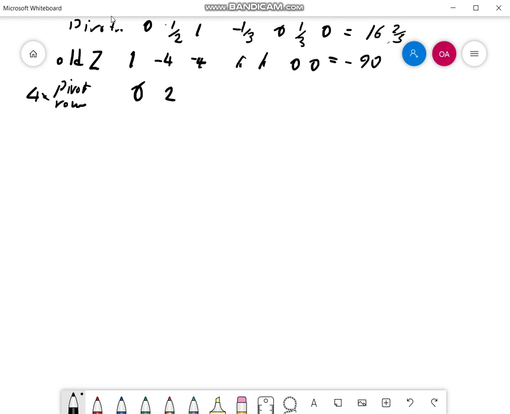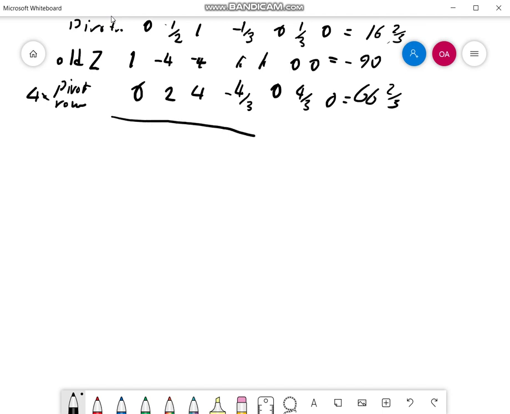So 0 by 4 is 0, half by 4 is 2, 1 by 4 is 4, minus 1 over 3 by 4 equals minus 4 over 3, 0, 4 over 3, 0. Finally, it's gonna be 66 and 2 over 3.